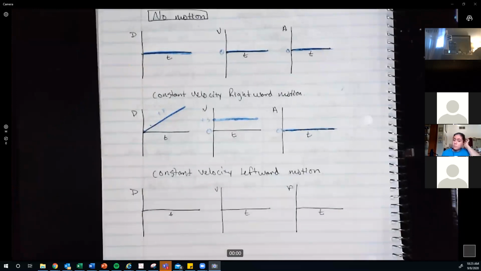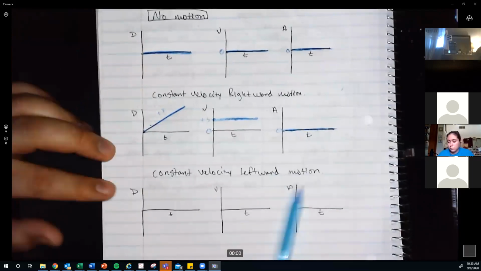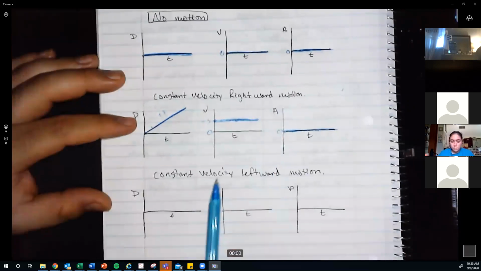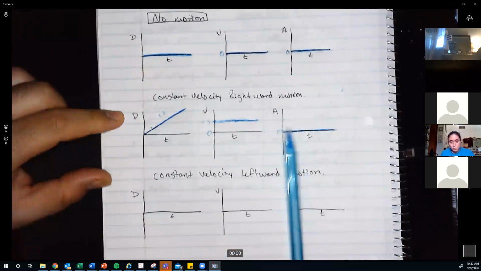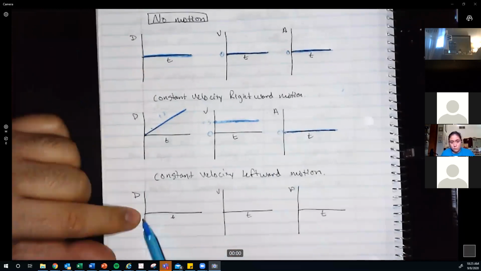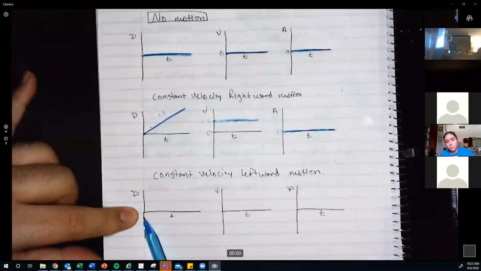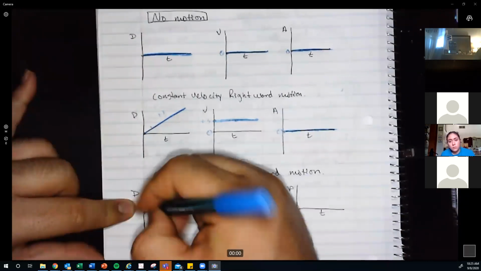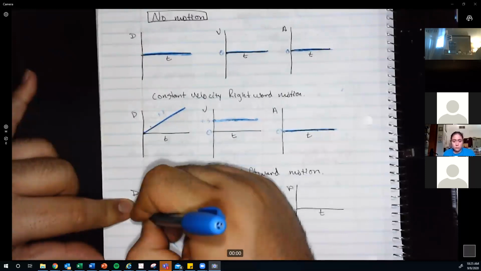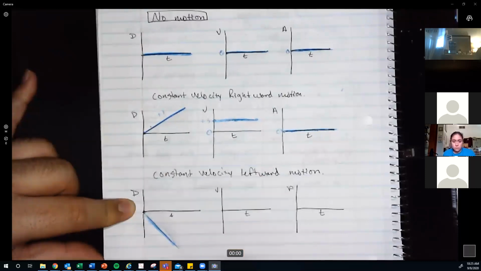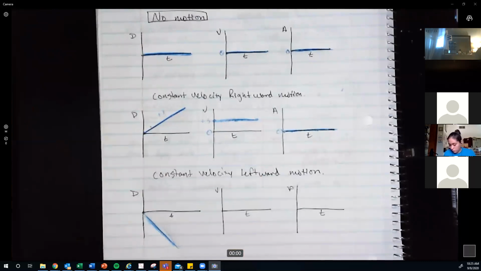The only thing different between this set of graphs and the previous set is that we have leftward motion. So this displacement time graph is now going to have what kind of slope? Negative. Yeah, exactly. Now we have negative slope, pointing downwards.